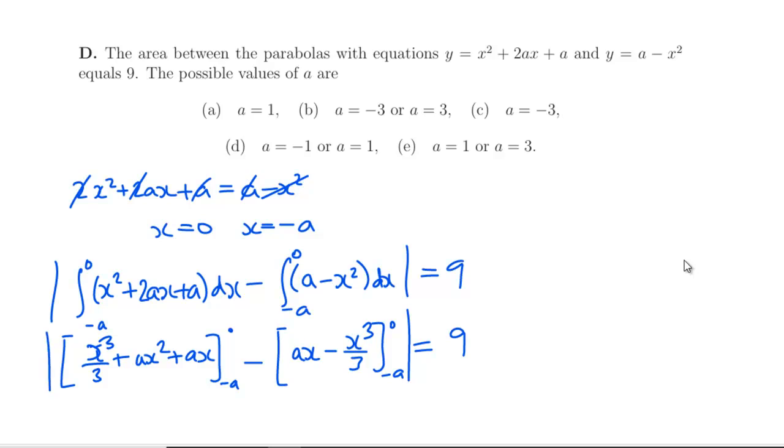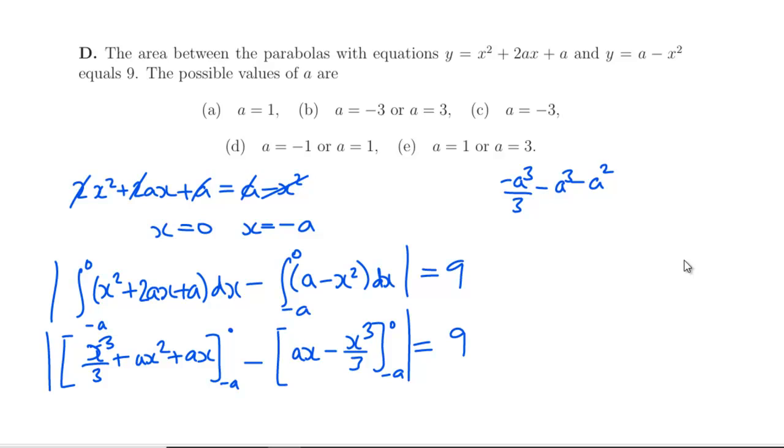Oh, good lord. Right, so we're going to have a minus a cubed over 3 minus a cubed, and then minus a. Oh, I'm going to have to go back and check my minuses here.